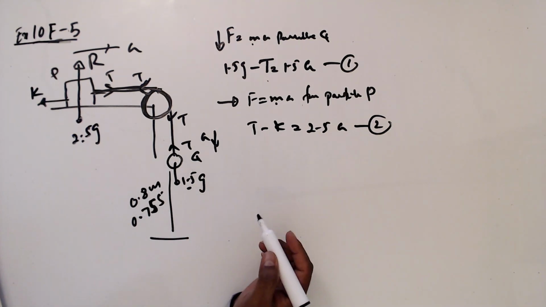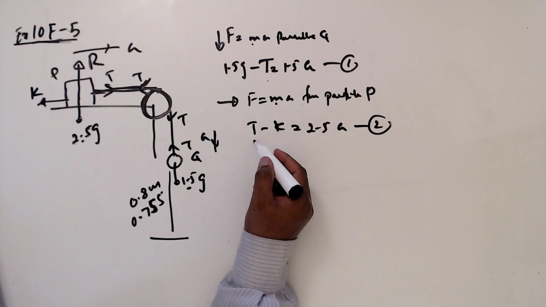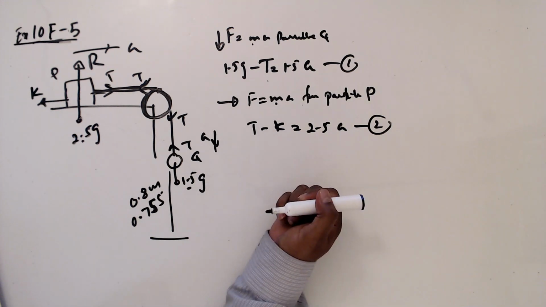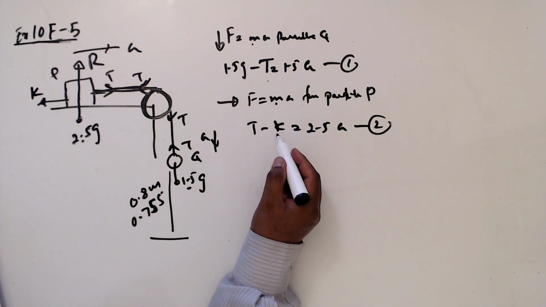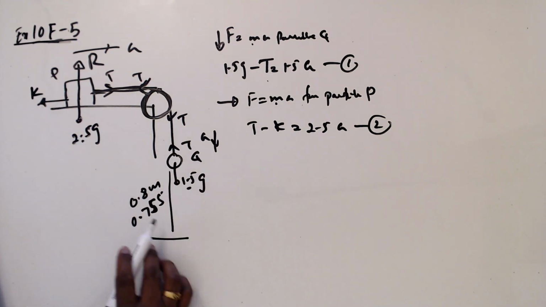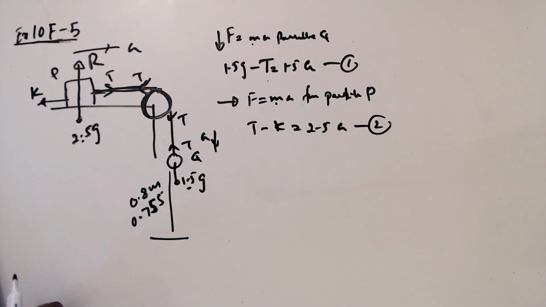From here we can't find tension directly, and we can find k, the friction, from this one. The only possibility is the acceleration.